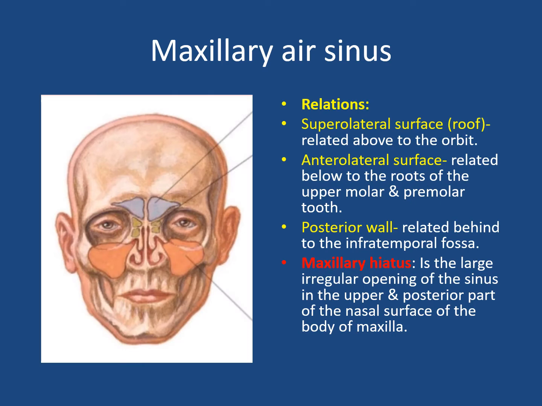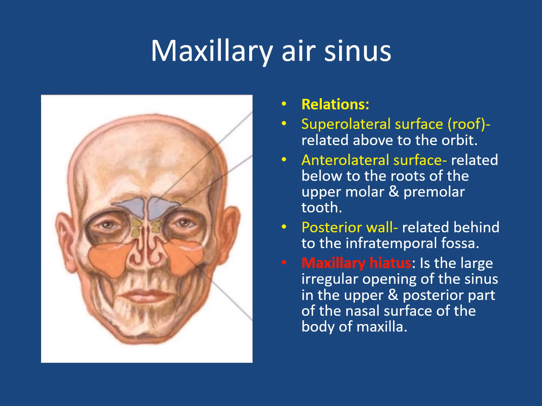As for the relations of the maxillary air sinus, the superolateral surface, that is the roof, is related above to the orbit. The anterolateral surface is related below to the roots of the upper molar and premolar teeth, and the posterior wall is related behind to the infratemporal fossa.